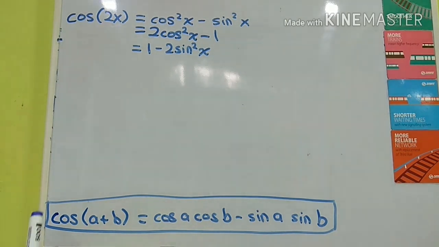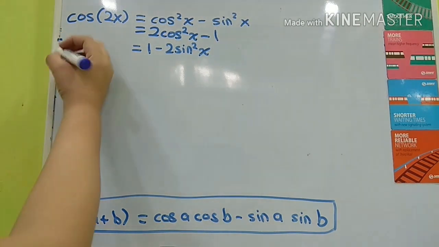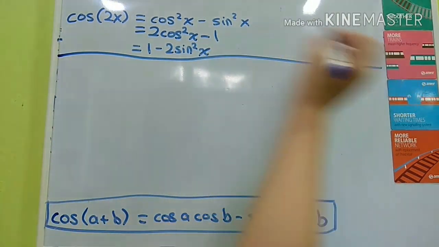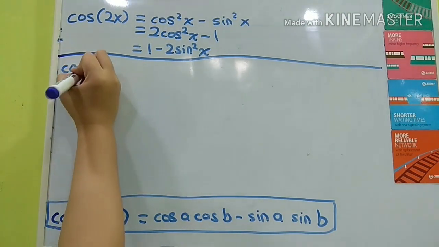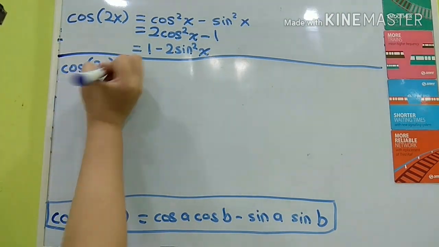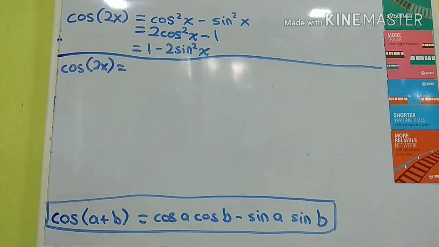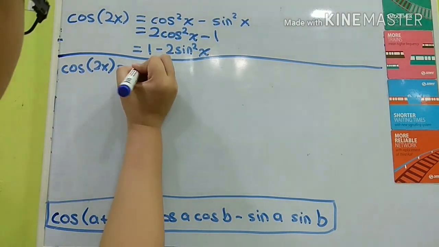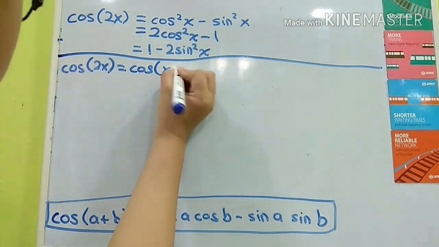This time I'm going to be using this identity: the cosine of a plus b equals the cosine of a cosine of b minus the sine of a sine of b. So I'm gonna make it possible to use this identity, the cosine of 2x. I'm gonna rewrite it as cosine of x plus x.